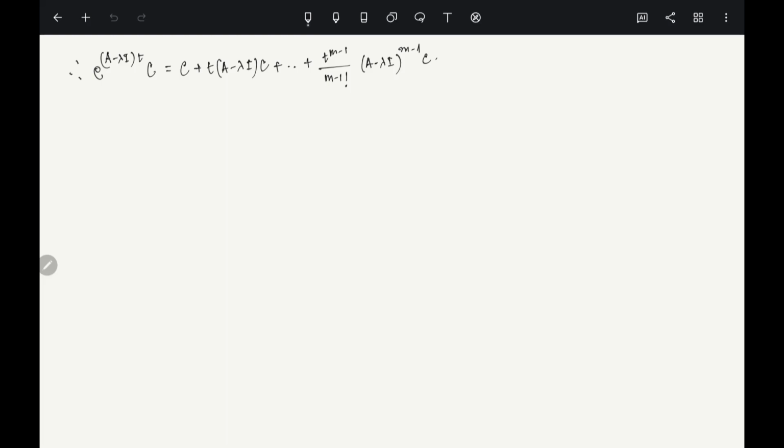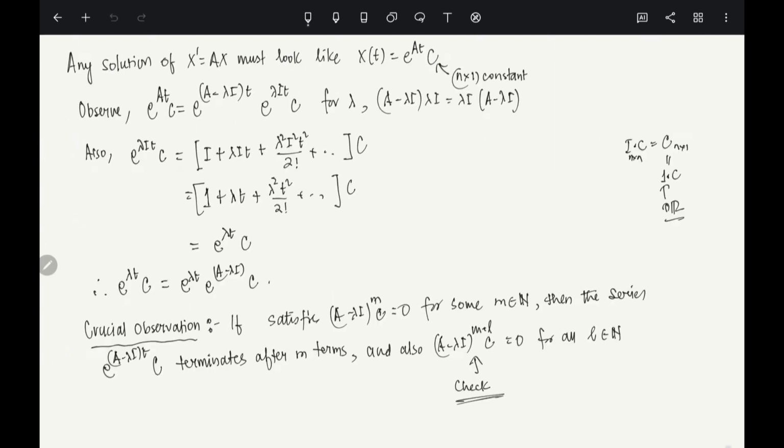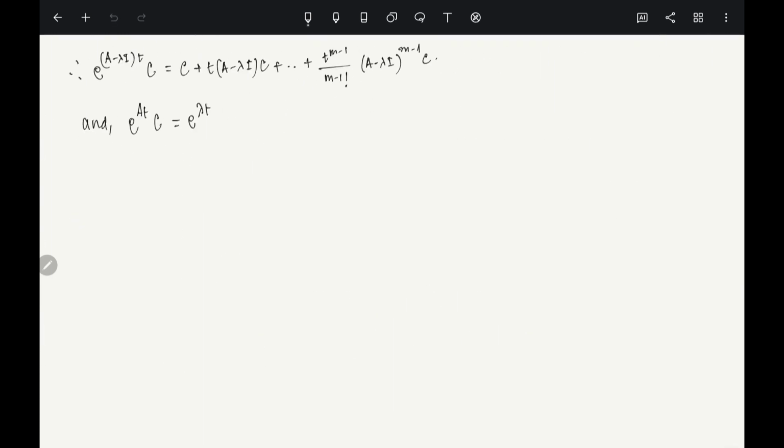Clear? And then what happens is, you see, e power At times c, what is it? It is nothing but e power lambda t. You remember, we wrote it like this: e power lambda t, e power (A minus lambda I) t times the vector c. So let us write it properly.